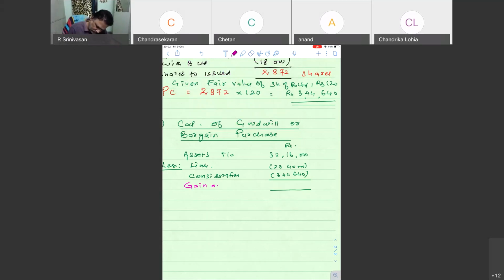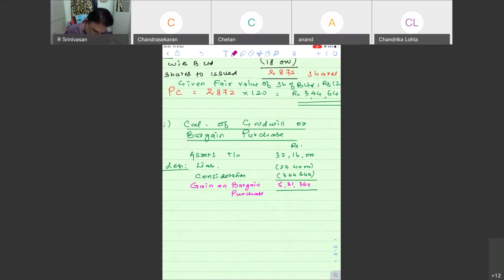If it is coming negative, then it is goodwill. If it is coming positive, then it is gain on bargain purchase: 5 lakh 31,360. So this is the third part.